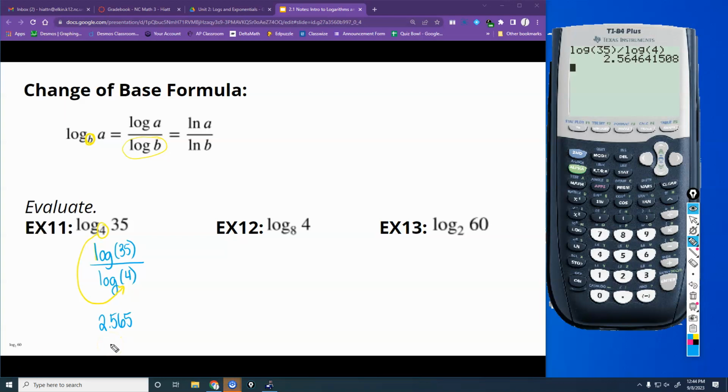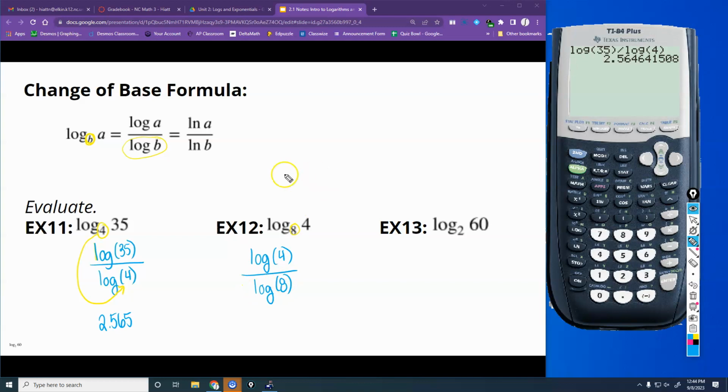So who knows how to type in number 12? What would we do, Presley? The 8 is the base. It goes on the bottom. Log 4 over log 8.